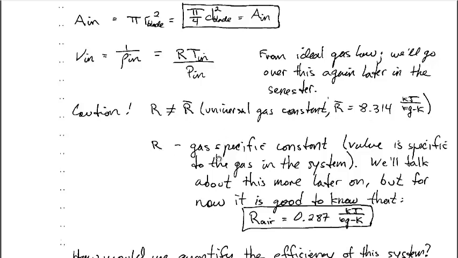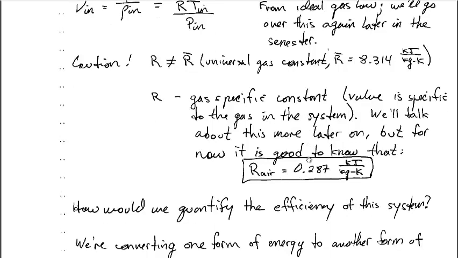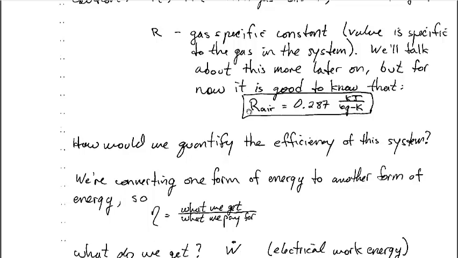Instead, this R represents what is called the gas-specific constant. That is, the value is specific to the gas that we're studying in the system. And again, we'll talk more about this later on, but for now, what you need to know is that the gas constant for air is equal to 0.287 kilojoules per kilogram Kelvin in the metric system, and it equals something else, of course, in the British system, and you can look that up in your table A1E in the back of your textbook.